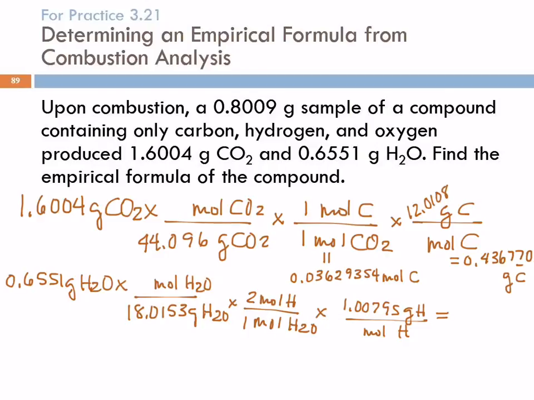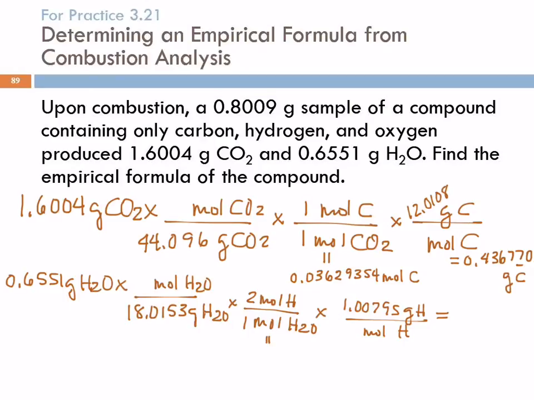So this time I am going to write that number down. 0.6551 divided by 18.0153 times 2. Well, I miscommunicated with my calculator. Try that again. That's better.